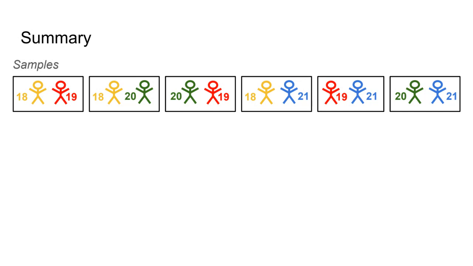Now, with a larger population, you will have many more possible samples, but I chose a population so small that I can actually fit all the possible samples on the slide. So those are the possible samples that you can get when you draw a sample of size 2 from the population. And now each of these samples will have a sample mean, right?